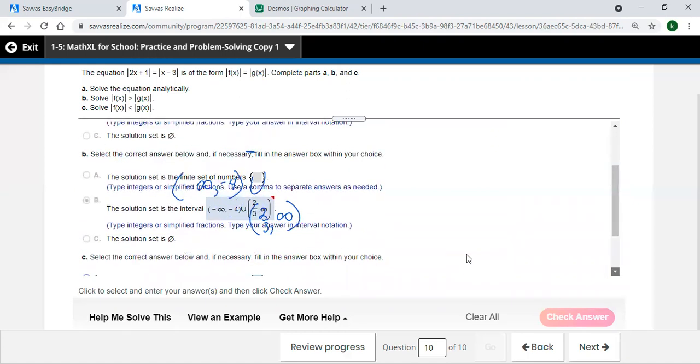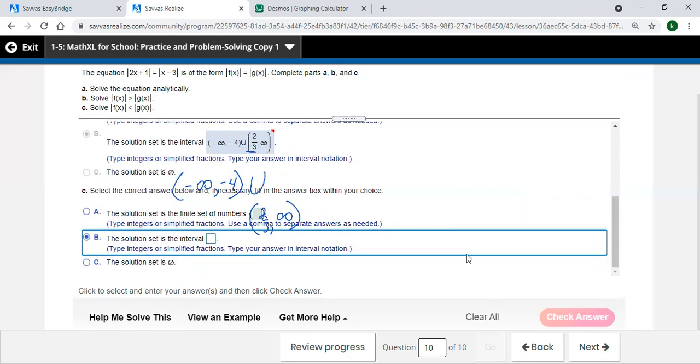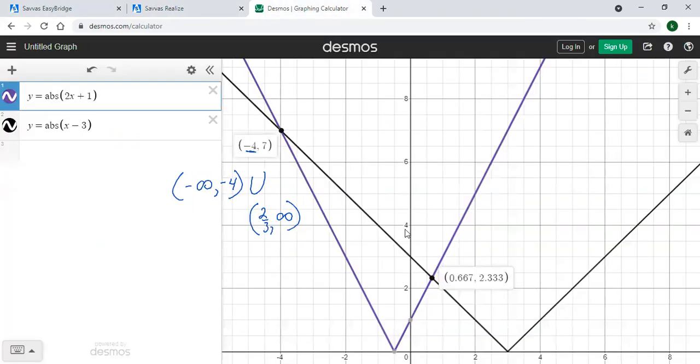All right, so now we're to the last one. Now they want the less than. So let's hop back to Desmos. This is a way longer video than it was supposed to be. And so the less than part then is going to be this part where the V down at the bottom is below the other part. So like this part that I'm trying to highlight.